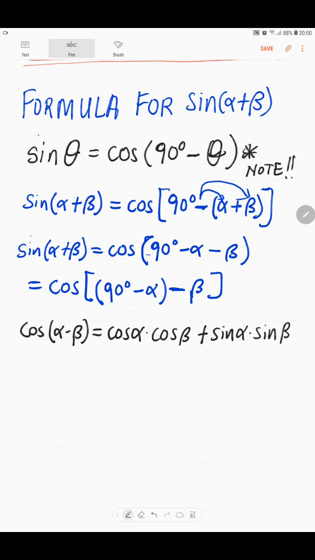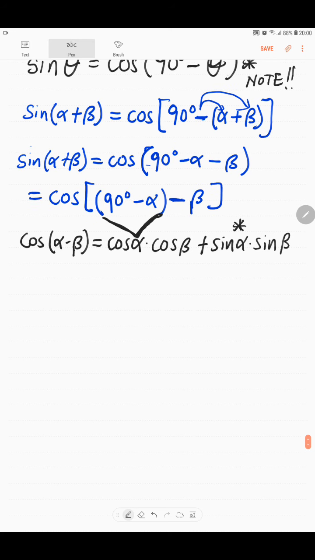So now, instead of substituting alpha into this, we'll be substituting 90 minus alpha, because we are now dealing with this one. So this was only to remind us of where we are coming from. And so if we write this out now, it will be something like this.